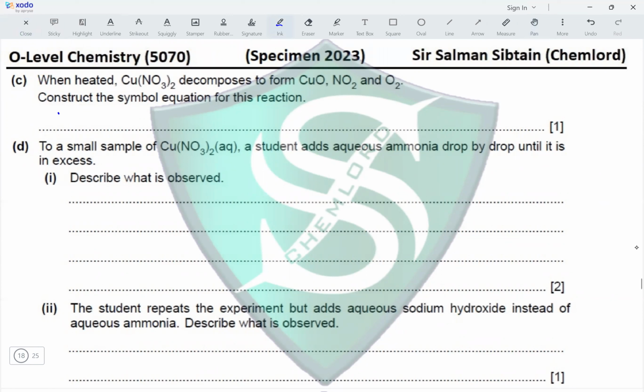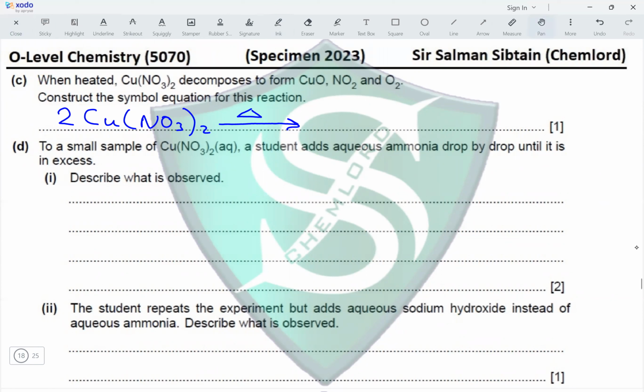So we would have 2 moles of copper nitrate being heated, and this heating symbol is delta. This would produce 2 moles of copper oxide. It would produce 4 moles of NO2 gas, and it would produce 1 mole of oxygen gas. So this is the balanced equation for the thermal decomposition of copper nitrate.